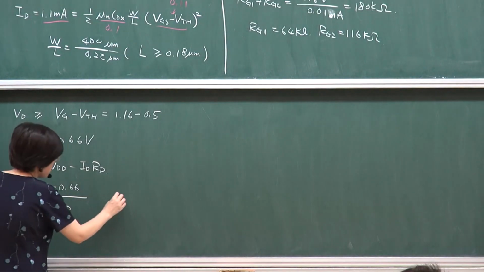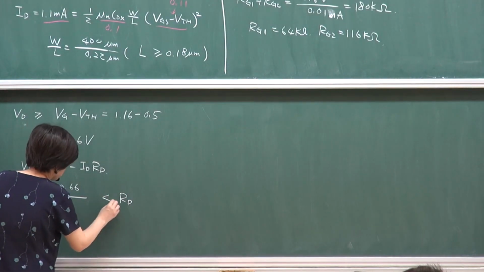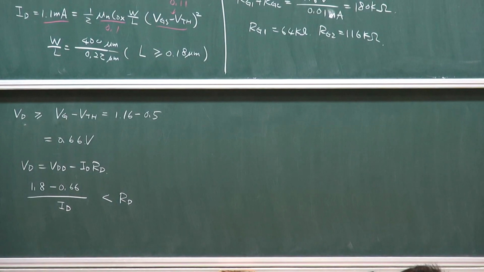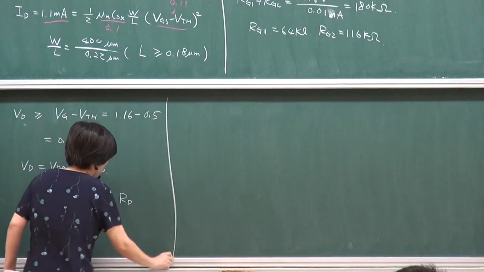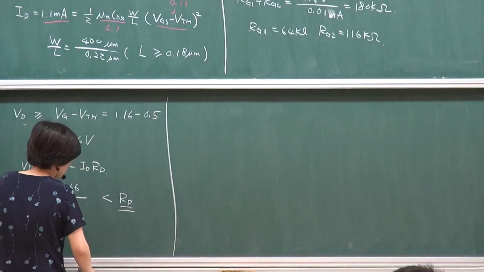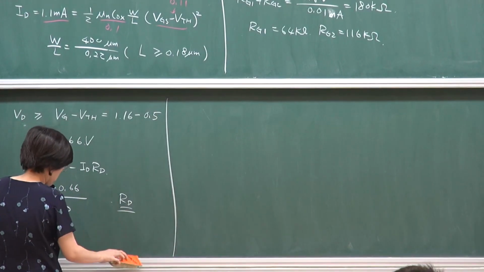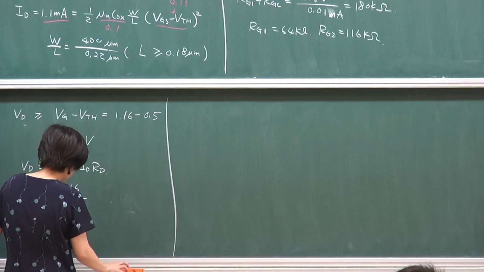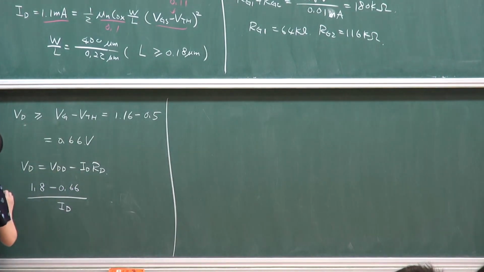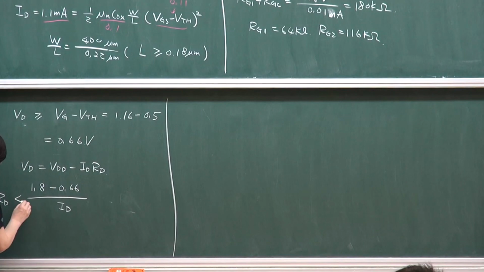So your RD must be smaller than this number. You just put in the numbers and you can ensure that M1 will always be in saturation. That's the only thing you need to figure out. You can pick a number which will fulfill this. I should say RD should be smaller than this.